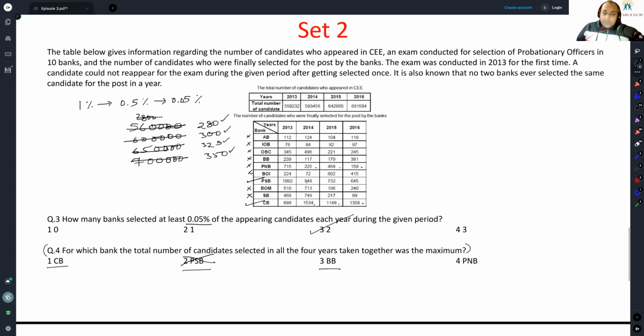CB wins against BB in all categories, so BB has to lose. Let's look at CB and PNB now. Loses by 17, wins by 1200, wins by 700, and wins by a significant margin. So PNB is also losing.